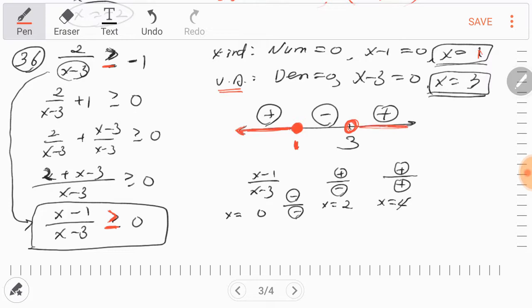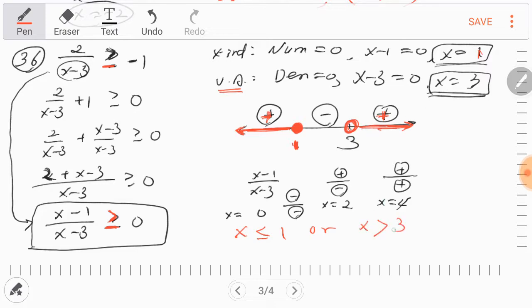So when x is less than 1, y is positive. When x is greater than 3, y is positive. And if x equals 1, then y is 0. If x equals 3, then y is undefined. So we don't include 3. So the solution is x is less than or equal to 1, or x is greater than 3.